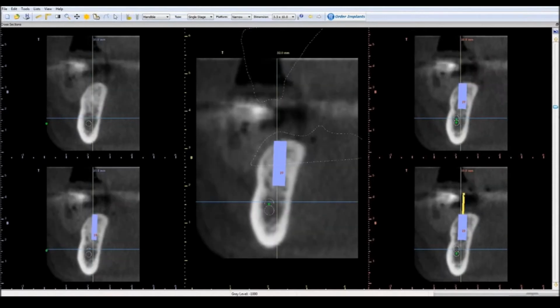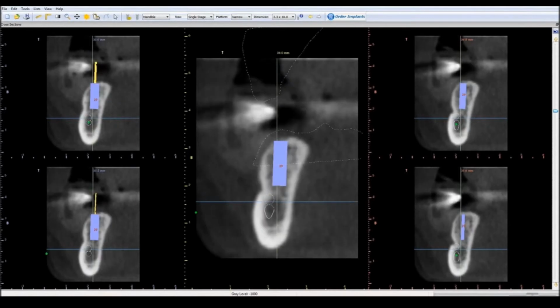Not letting me get the center line in the central panel.